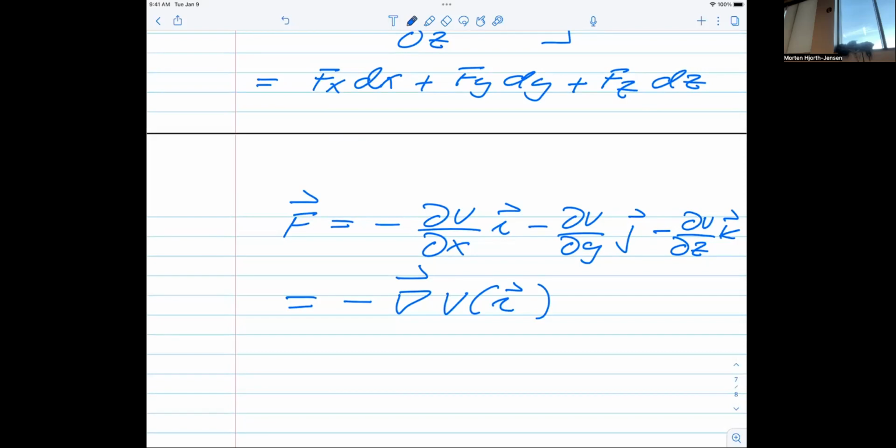Or alternatively, if you have the force, you can extract a potential. So you can actually measure forces. And if these forces depend only on position, you can extract an expression for the potential energy. And that's extremely valuable when you want to develop your insight about a physical problem.